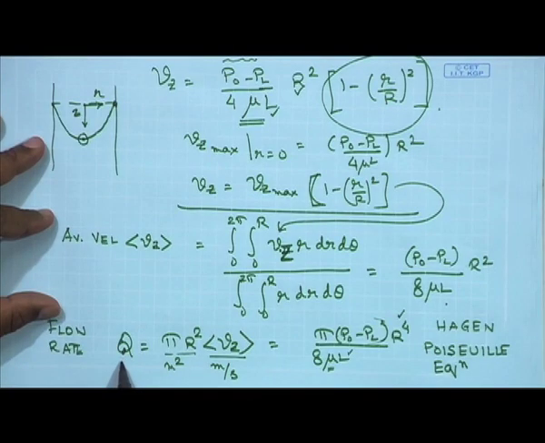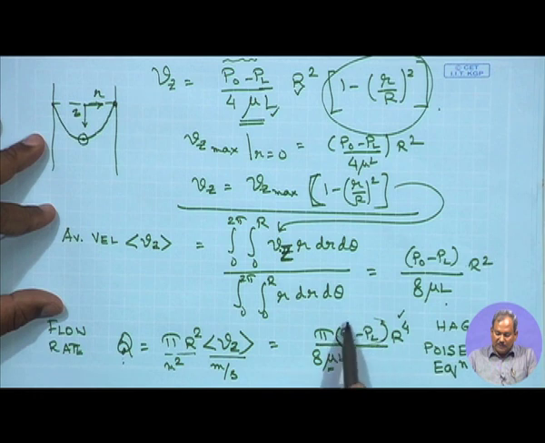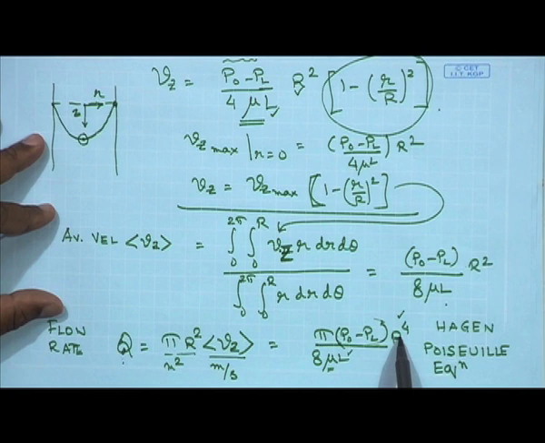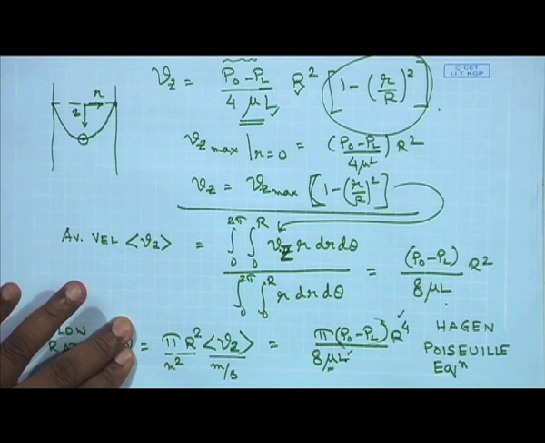viscometer. So you measure the Q, the amount of liquid that you are collecting per unit time, and if it is falling freely vertically, then P0 minus PL can be substituted just by the gravity force. You need to know the diameter or the radius of the capillary, and the length is known. So this you are going to find out experimentally.